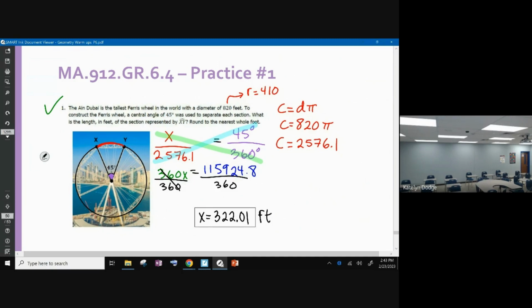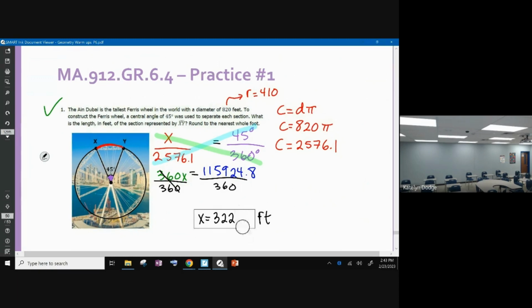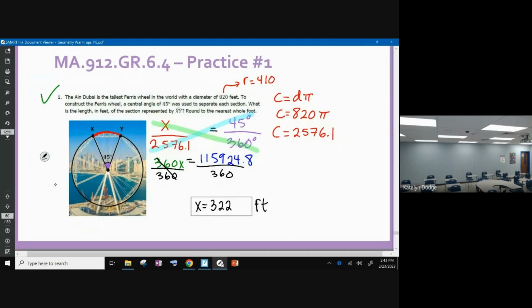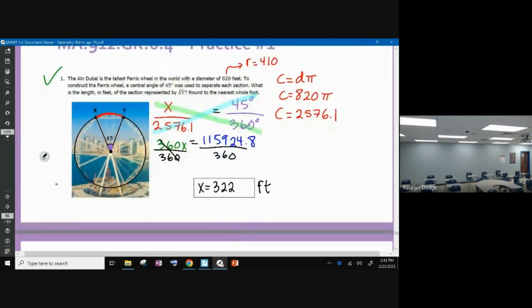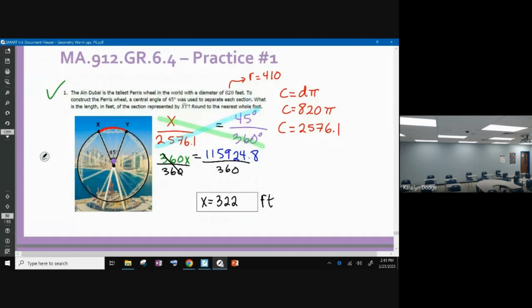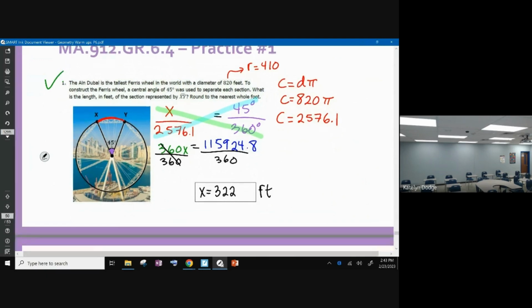If I go back and read, because reading can be a challenge sometimes, it says round to the nearest whole foot. So we'll just keep it at 322. Excellent. Now, does this make sense for our answer? Well, a Ferris wheel is a really big object. I think 322 feet definitely makes sense here, so I'm happy with my answer. I'm going to go on to the next one.